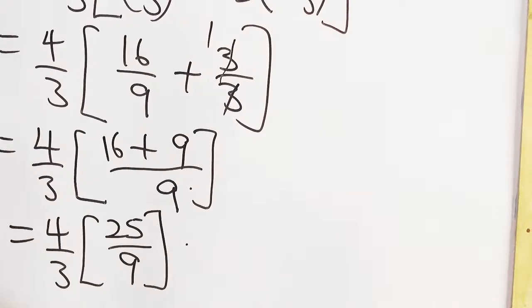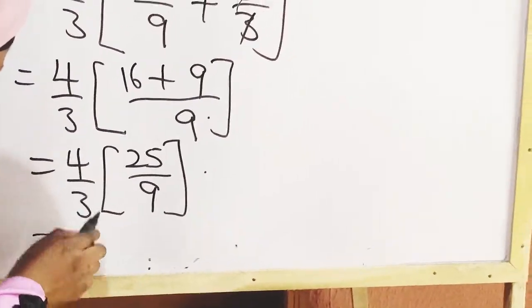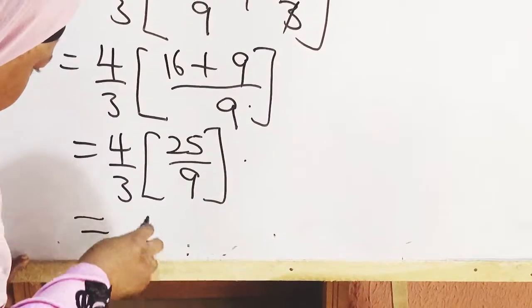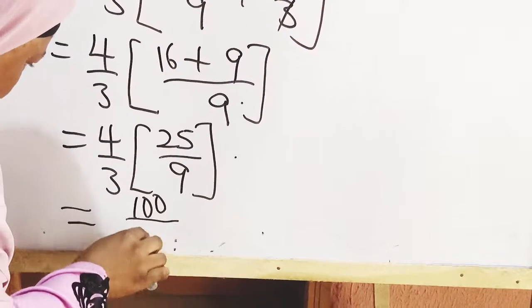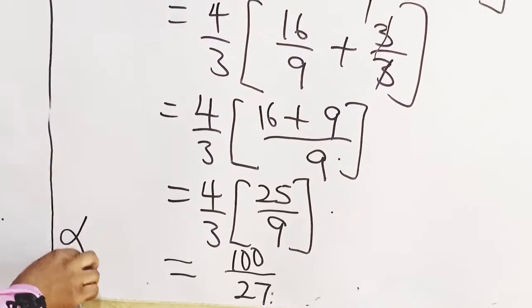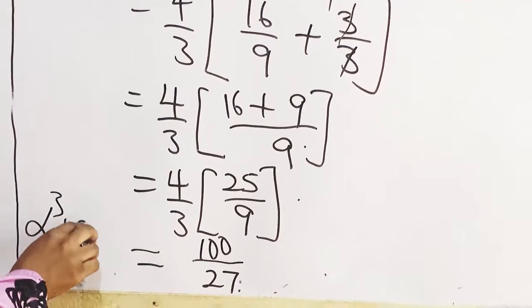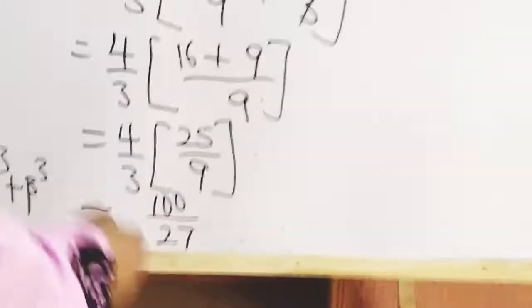So here, is there anything that I can cancel? No. So 4 multiplied by 25 is equal to 100 and 9 multiplied by 3 is equal to 27. So alpha cubed plus beta cubed is equal to 100 over 27.